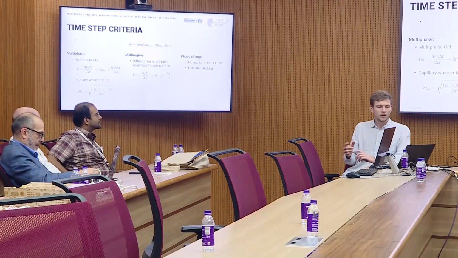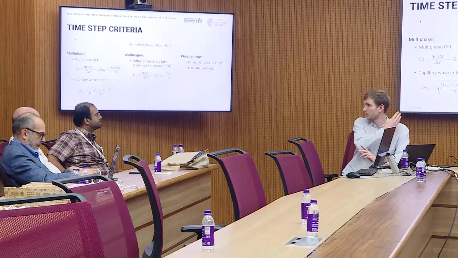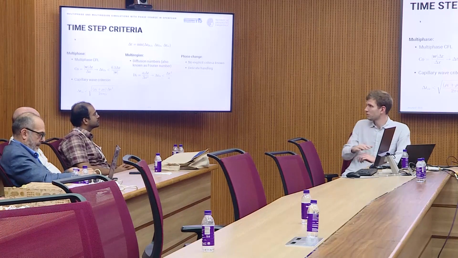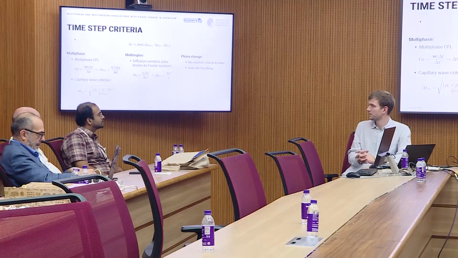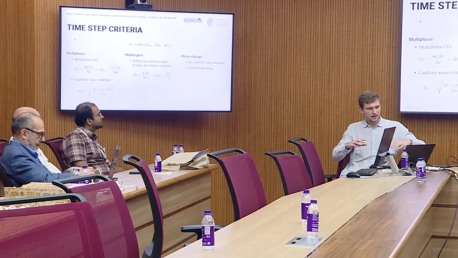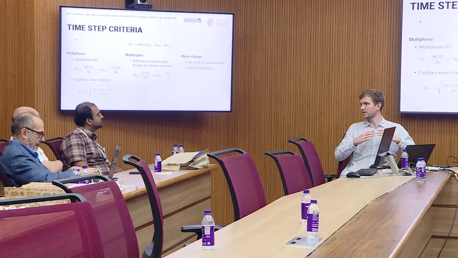Yeah, there are two answers. First, if you don't have large velocities, this time step criterion will go to larger time steps anyway. And then you are totally right. All these criteria are only fully valid for explicit time discretization.